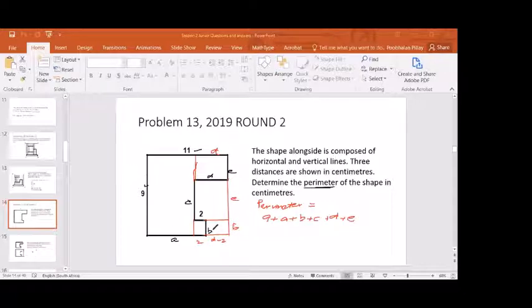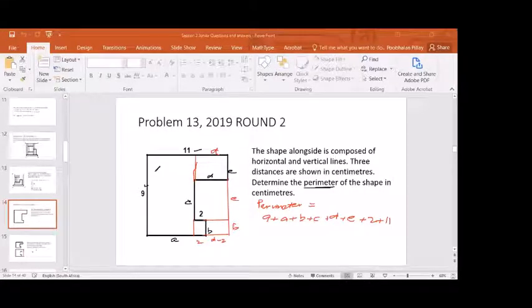Coming all the way, and there's a 2 here also. I forgot to mention the 2 along the way, plus 11. Starting from here and going all the way, you get to this. So this looks very complicated. We don't know any of these.